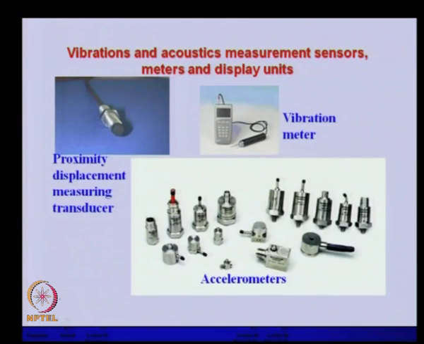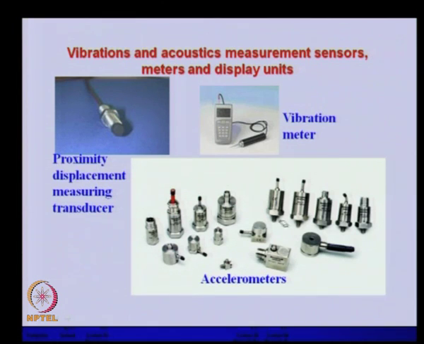Then to collect this data, we have various kinds of sensors, and in this we can see that this is one of the displacement measuring proximity probes. There is a variety of accelerometers, which are basically piezoelectric based accelerometers, which give a vibration signal, or a voltage signal proportional to the acceleration of the body on which they have been mounted.